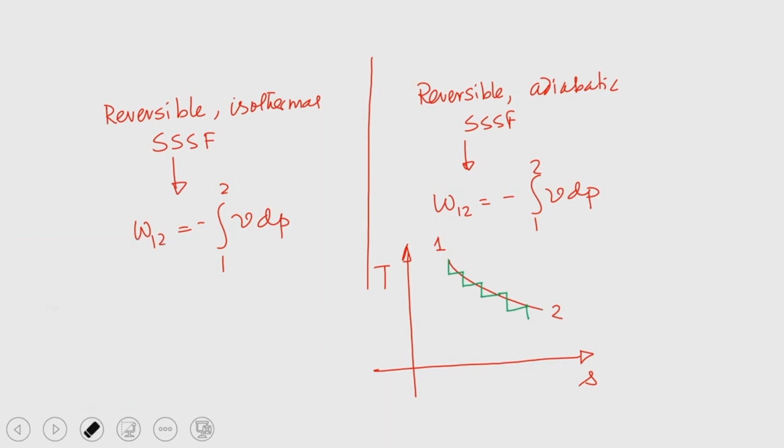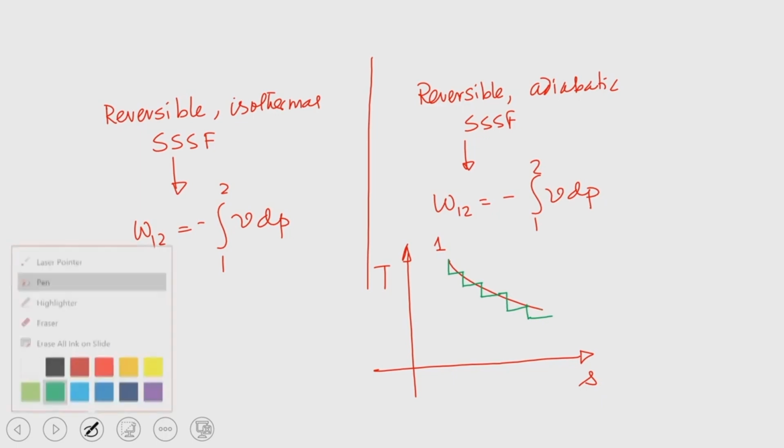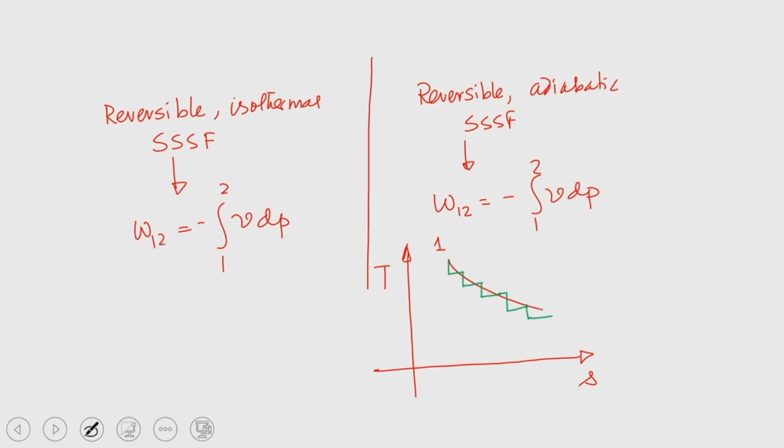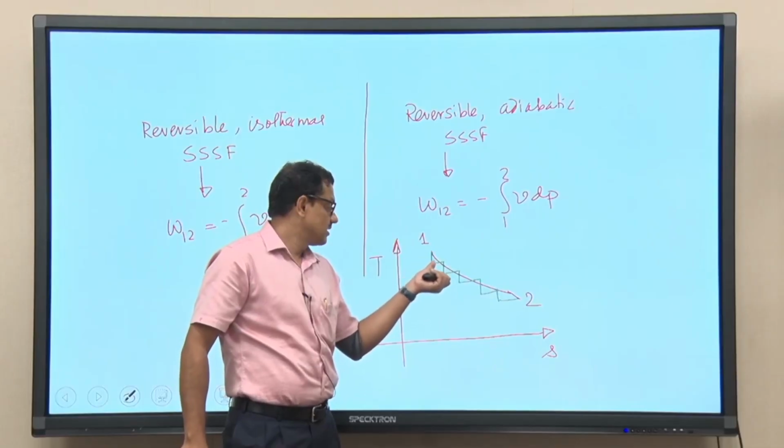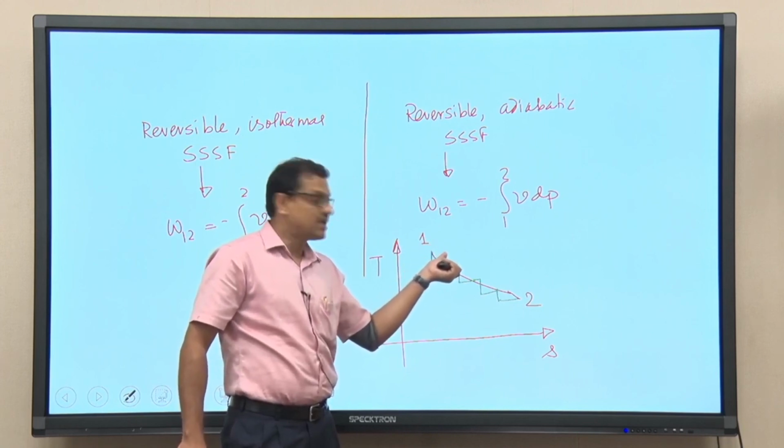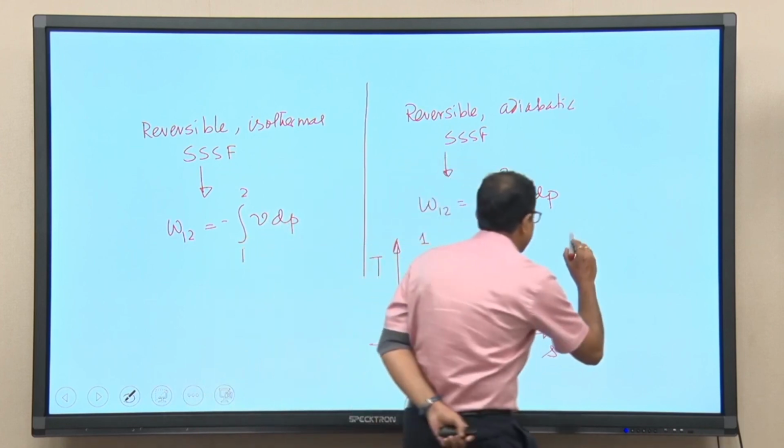So, the conclusion is that any such process can be reduced to a series of alternate reversible adiabatic, that is a vertical line, and reversible isothermal, that is a horizontal line. So, that is what I am writing.